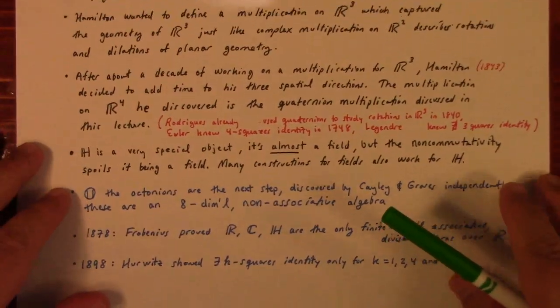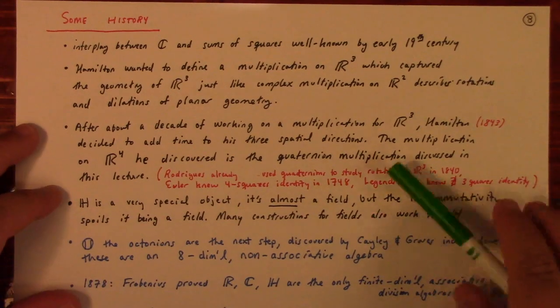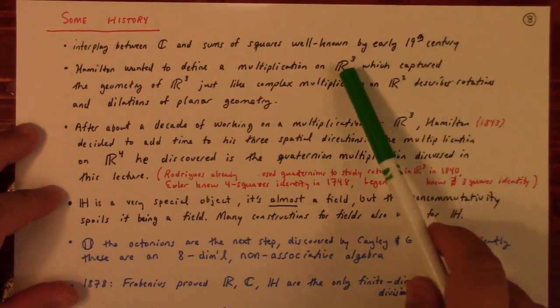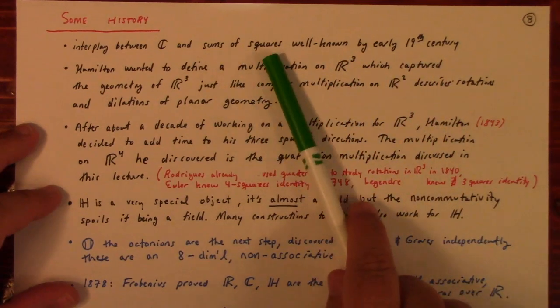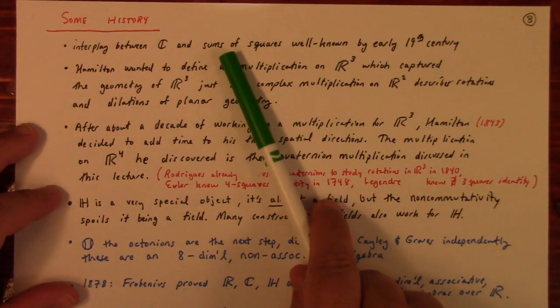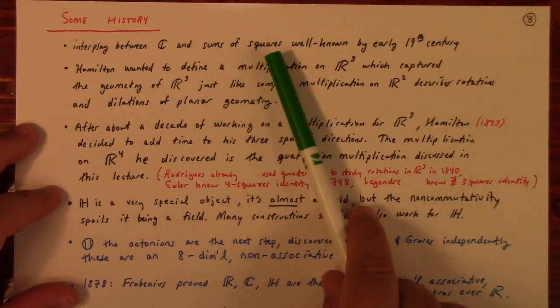So just a little more history. Probably should have started with this, but better late than never, right? The interplay between complex numbers and sums of squares was well known by the 19th century. I mean, things about sums of squares were known to the ancients, right? I think we talked about that before. The Greeks, Diophantus knew about this stuff.